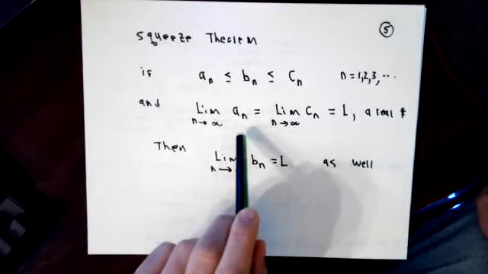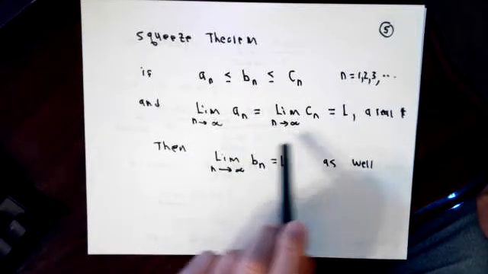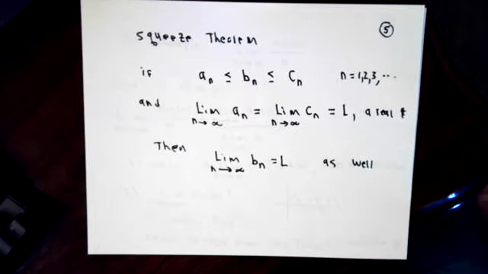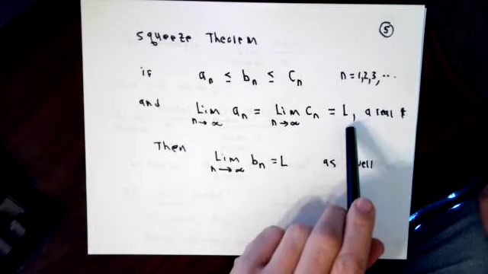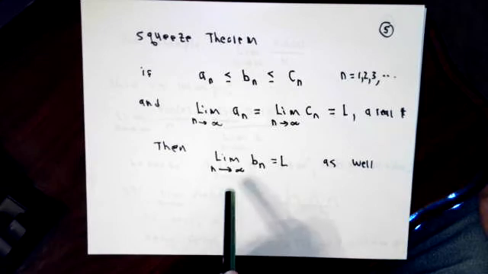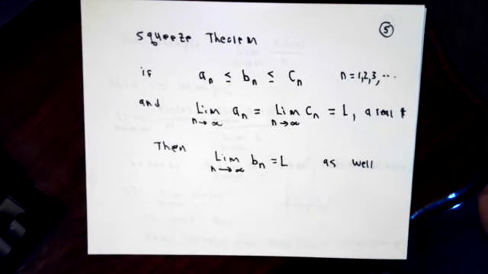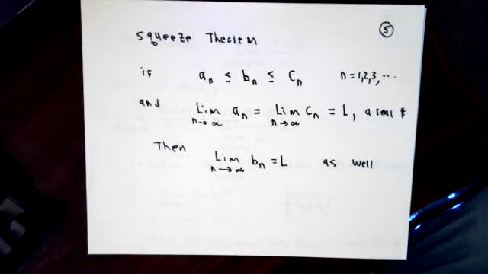If the limit as n tends to infinity of AN and the limit as n tends to infinity of CN are the same number, L, then the limit as n tends to infinity of BN has to be L also. This is what we're going to call the squeeze theorem.